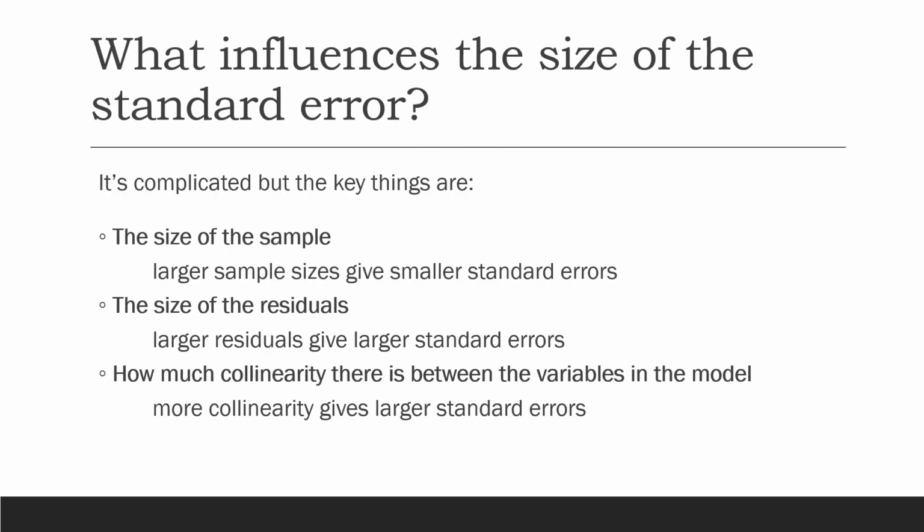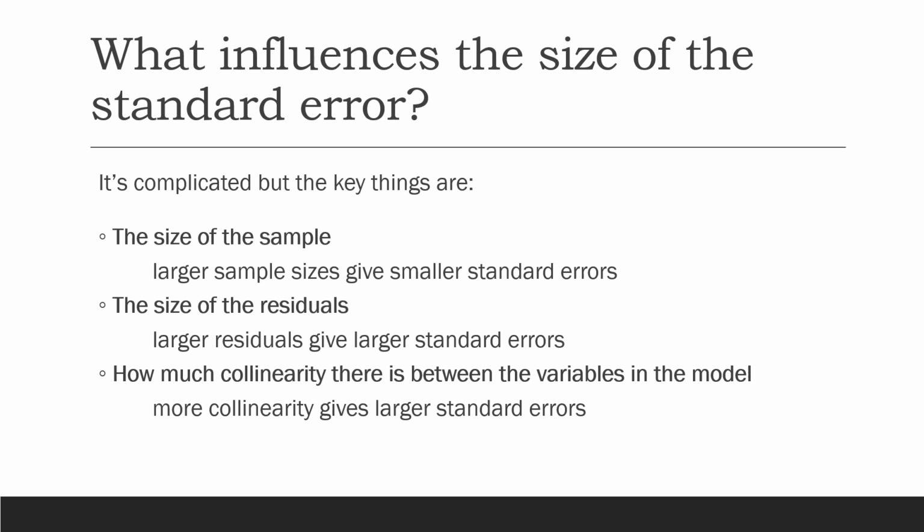I want to talk for a minute about things that influence the size of the standard error. The formula for the standard error is extremely complicated, but the key things to understand are that it's influenced by the size of the sample, and larger sample sizes will tend to give smaller standard errors. It's also influenced by the size of the residuals, and larger residuals will tend to give larger standard errors.